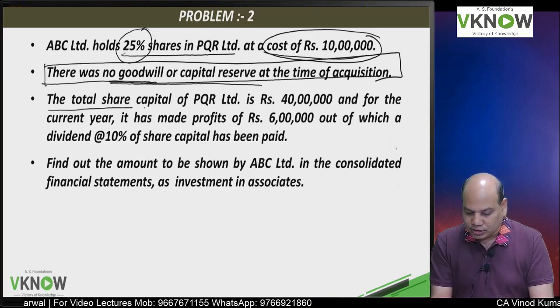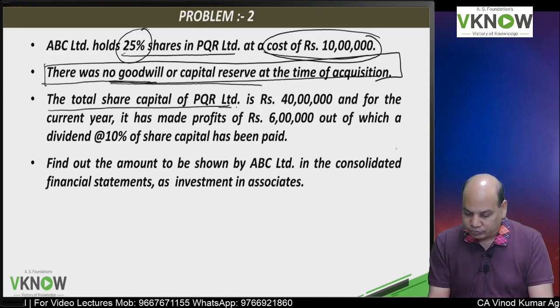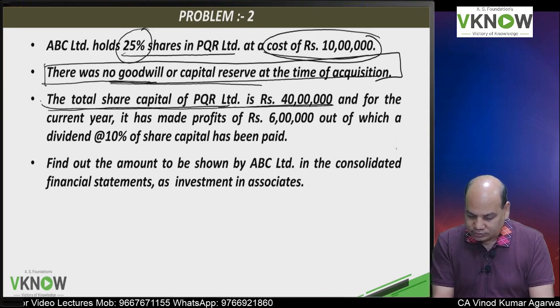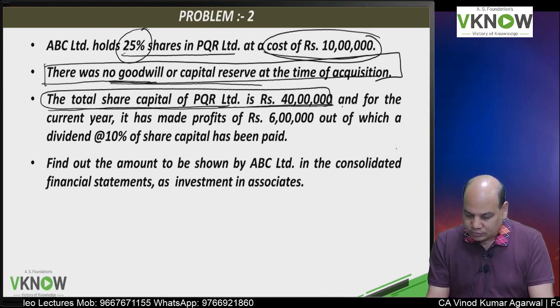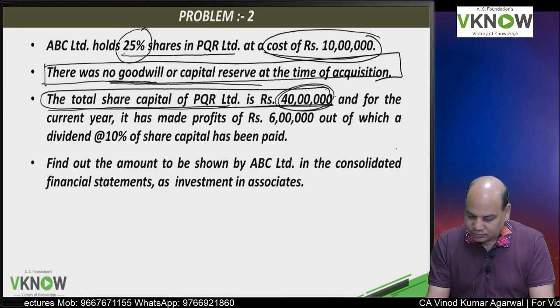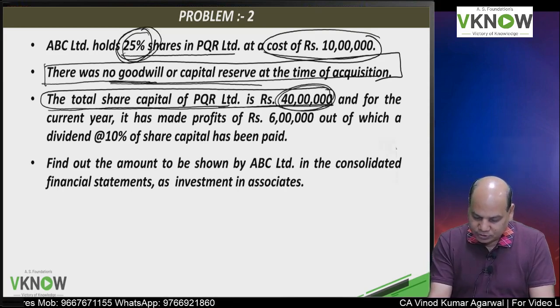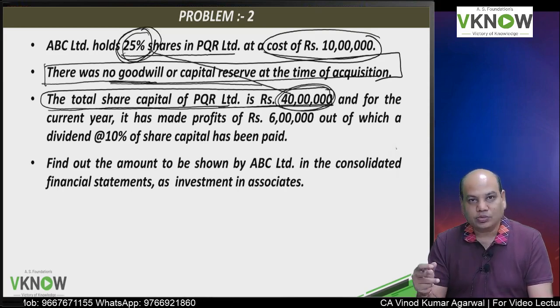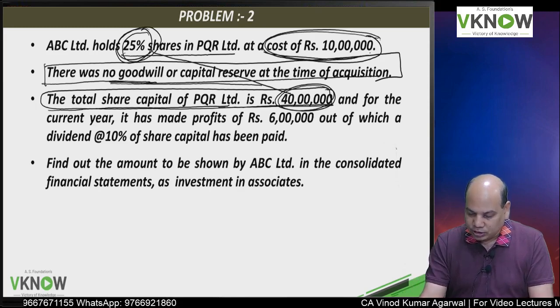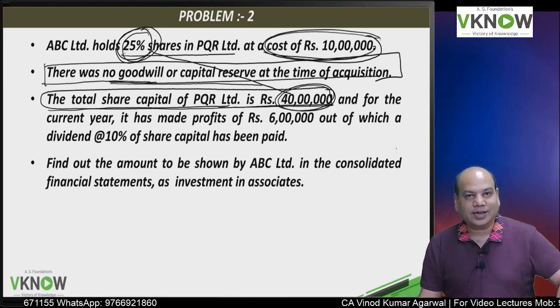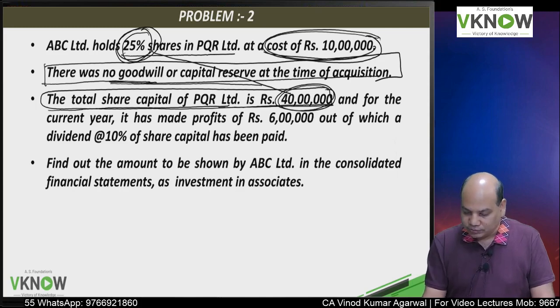The total share capital of PQR is rupees 40 lakh. So if you take 40 lakh into 25%, it will come to 10 lakh only. And if you compare cost with net asset 10 lakh, goodwill is 0.